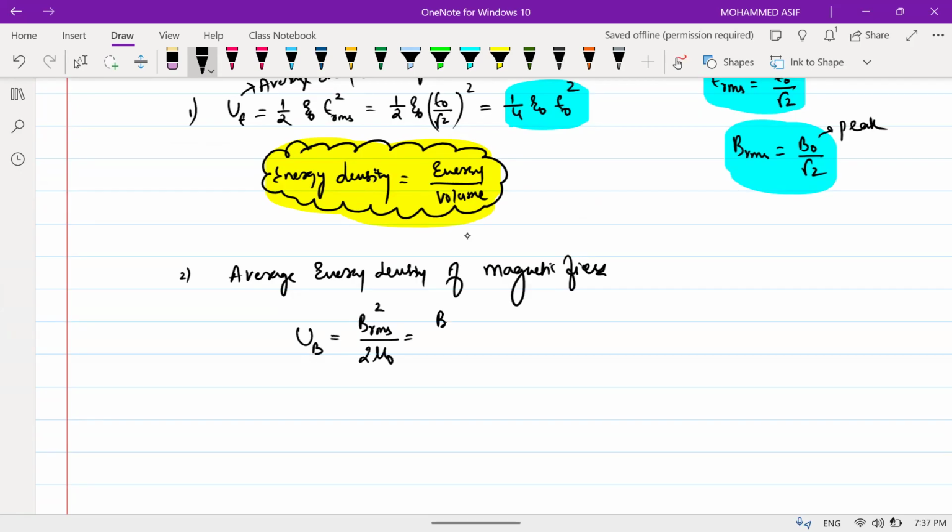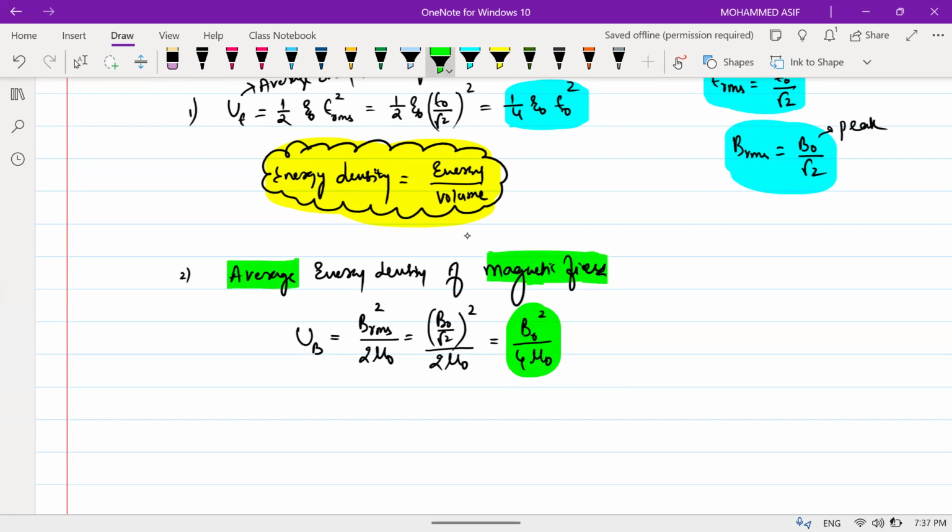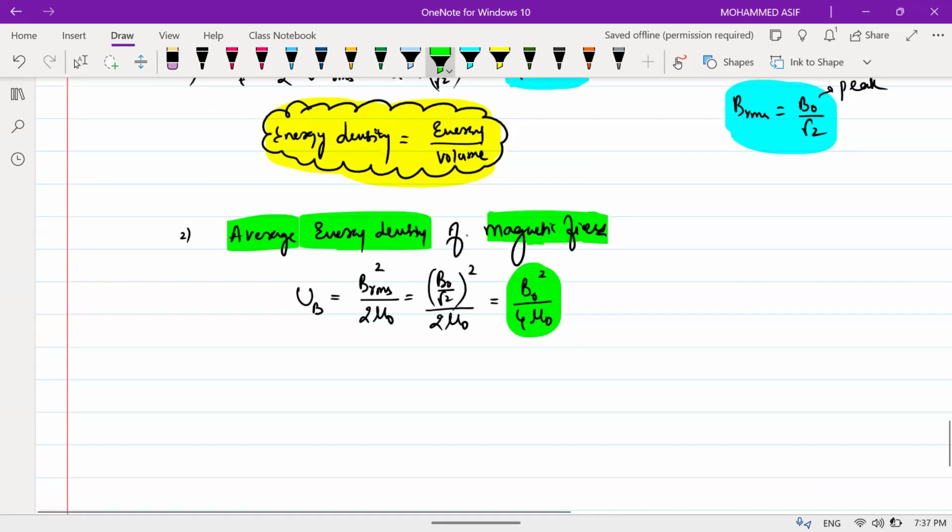That is equal to B naught divided by root 2, whole square, divided by 2 times mu naught. And this will be equal to B naught square divided by 4 times mu naught. So this is your average energy density of the magnetic field. By heart, you need to remember this formula well.